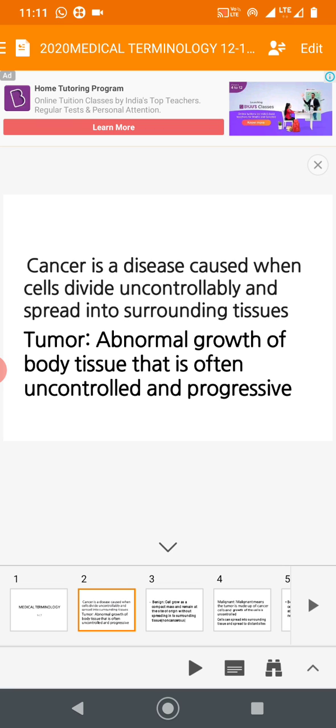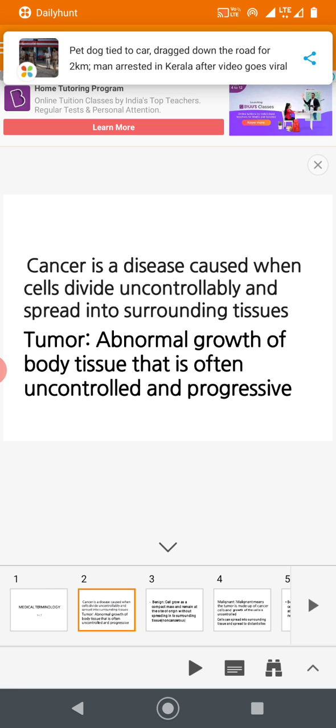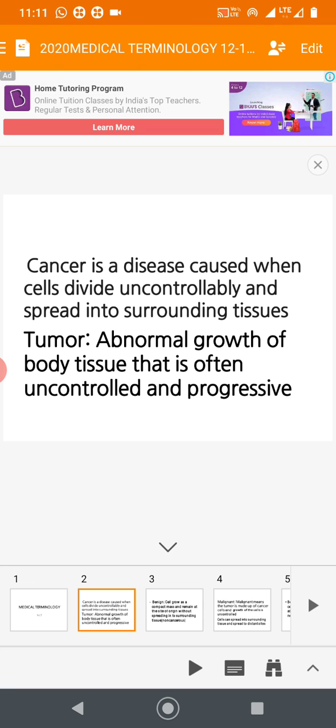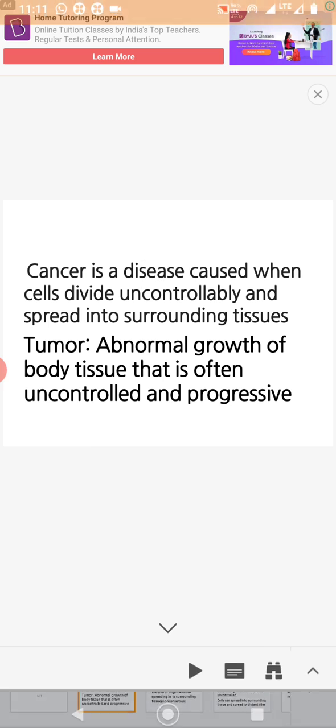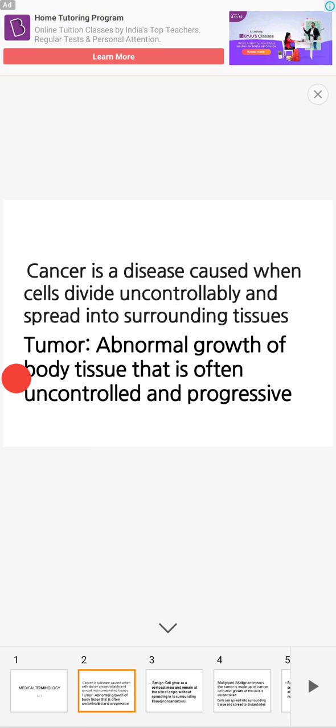So remember, it multiplies or spreads, it invades or enters into other tissue or parts of the body. So invasion is there.